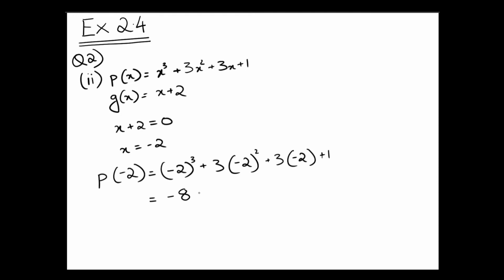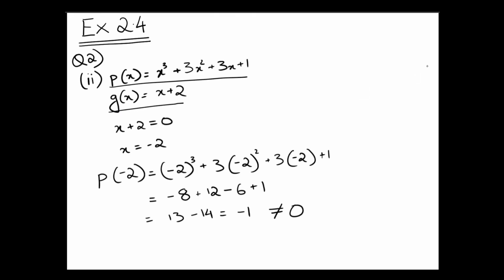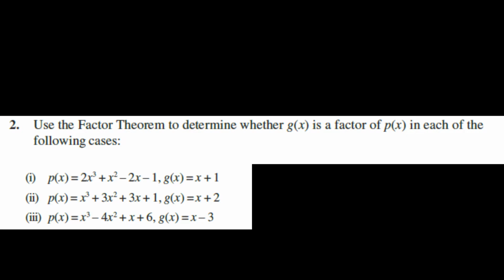This gives us minus 8 plus 12 minus 6 plus 1. This will be 13 minus 14, which is equal to minus 1. So since p of minus 2 is not equal to 0, we can say that g of x is not a factor of p of x.